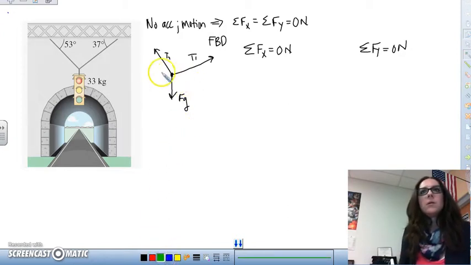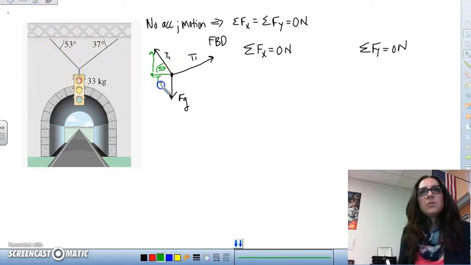So, you can see T2, in order to make this angle, I have to go to the left, and I have to go up. Just like that. Now this angle up here is going to be the same as down here because of our lovely geometric property, alternate interior angles.